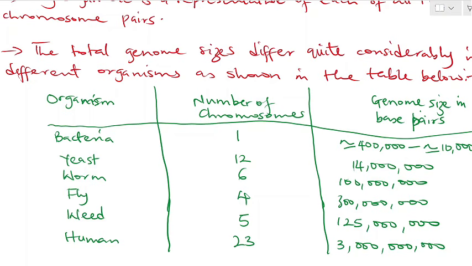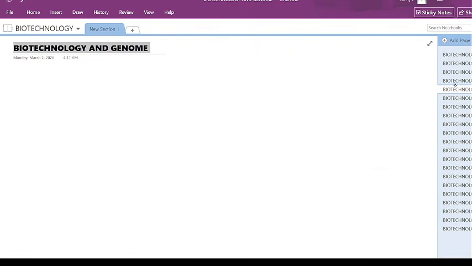Okay, so we'll move right along to knowing what genetic markers are and how they can indirectly identify specific genes. So I want to write here notes.